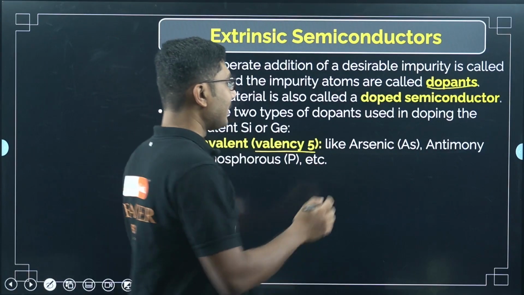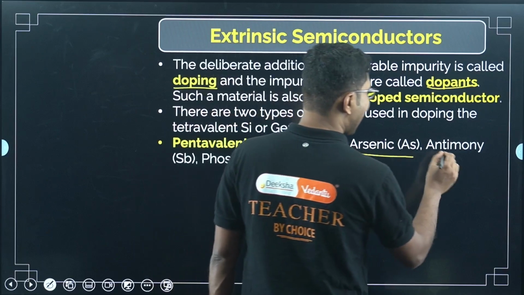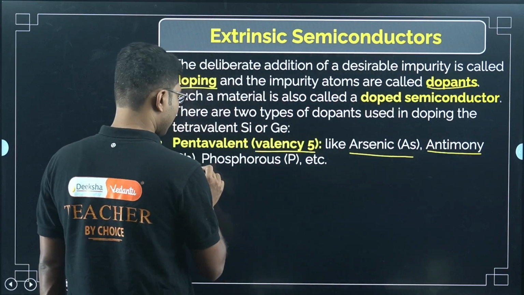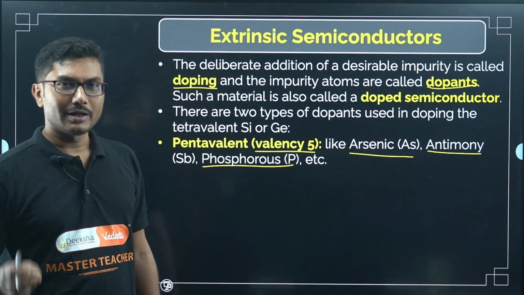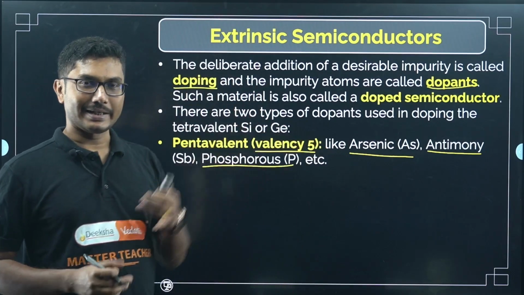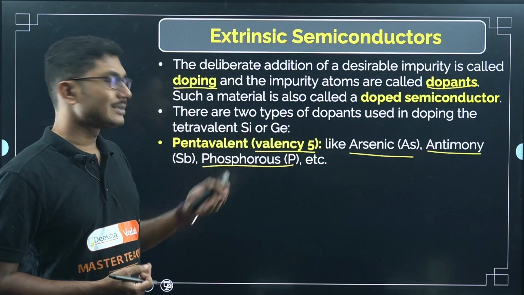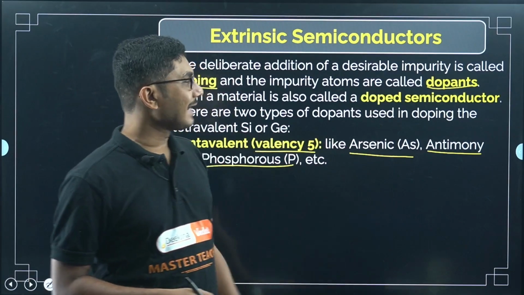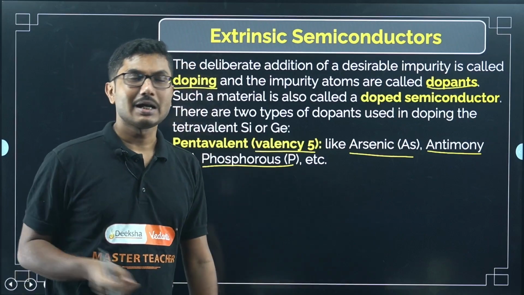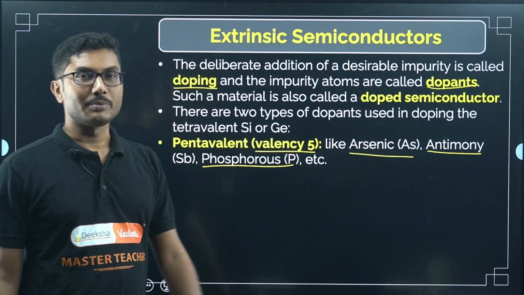We will discuss that. But remember that arsenic, antimony, and phosphorus are very commonly used pentavalent dopants. Arsenic and antimony are brothers. Bismuth also, maybe you have heard about bismuth. Arsenic, antimony, bismuth, and phosphorus are pentavalent dopants that we might use.